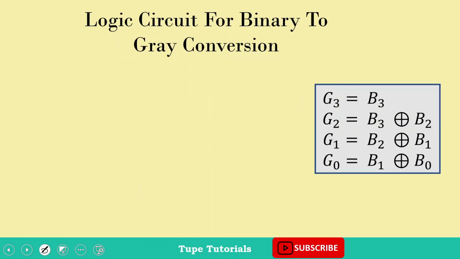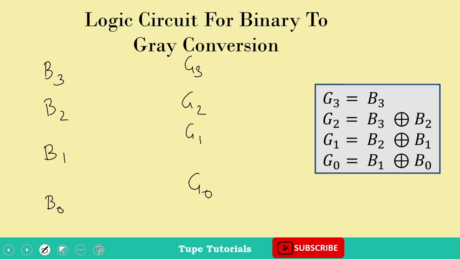Now let's move to the logic circuit. So we have written the formula which is required. There are four inputs, right? B3, B2, B1, B0. So we will write over here B3, B2, B1 and B0, and on the output side we have G3, G2, G1, G0.